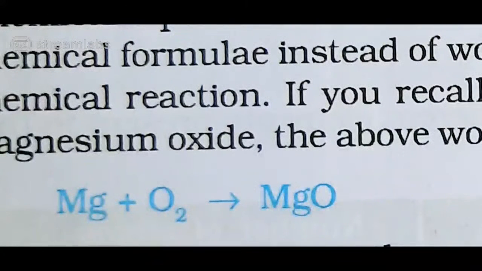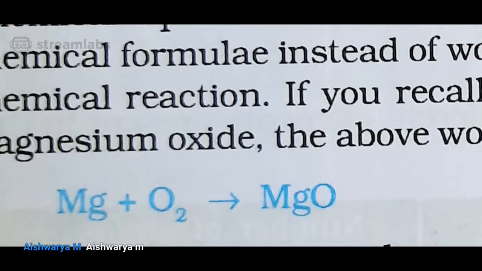Put 2 in front of magnesium, and at the product side, write 2 in front of MgO. Then there will be 2 atoms of magnesium, 2 atoms of oxygen, giving rise to 2 molecules of magnesium oxide. Then it is called a balanced chemical equation.